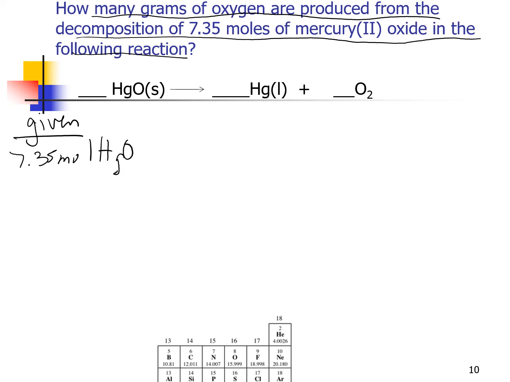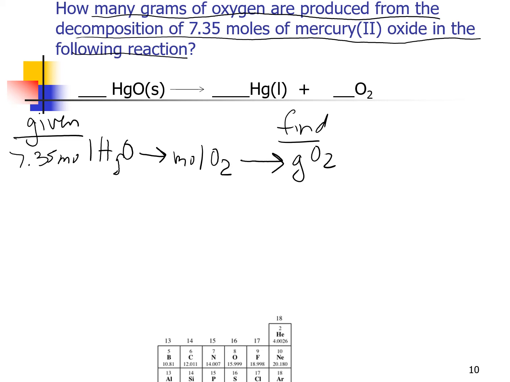And we are trying to find grams of O2. So we need to figure out how we can go from moles to grams of 2 different compounds. We can't go directly, so we're going to have to convert from moles of HgO to moles of oxygen. Once we have moles of oxygen, we can go to grams of oxygen.